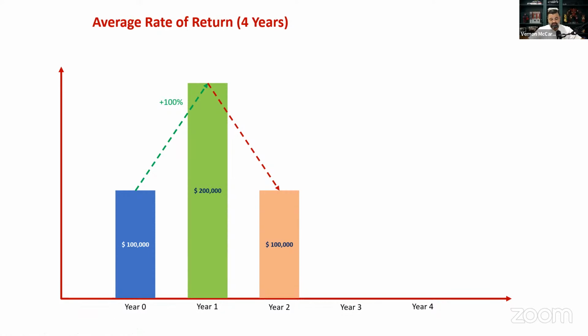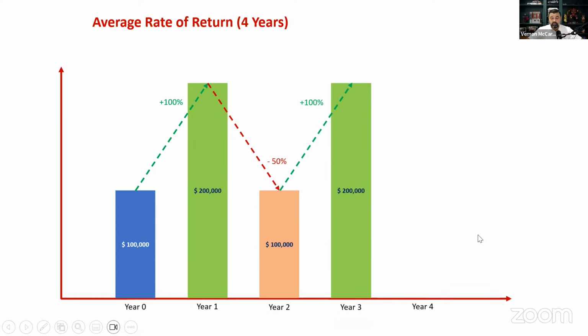But unfortunately, there are some swings that can occur in the market. And the next year, we actually lost 50% of the money. So, okay, fair enough, but we still keep going. Well, look at that. We doubled the money again. So life is good. We got another 100% rate of return. But unfortunately, there's some turmoil in the markets, and now we lost 50% yet again.